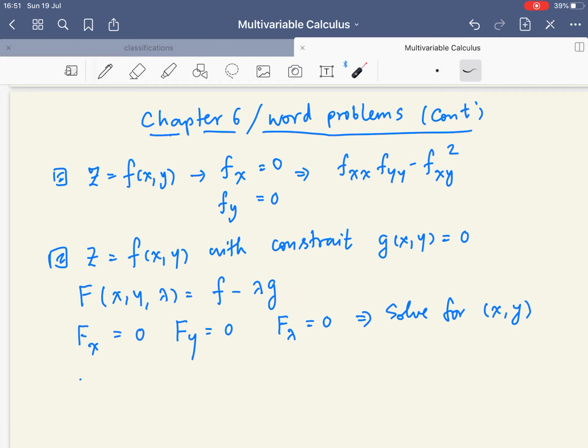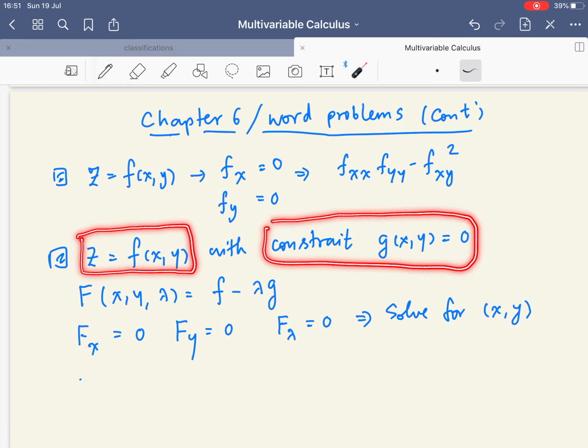On the other hand, you may have a problem where after constructing a function f of x y, you also have a constraint g of x y equals 0. To find the extremum of this problem under this constraint, you are going to use the so-called Lagrange multiplier method.